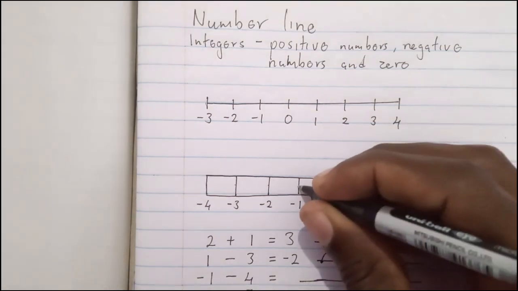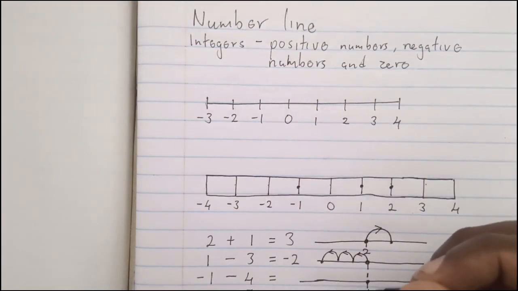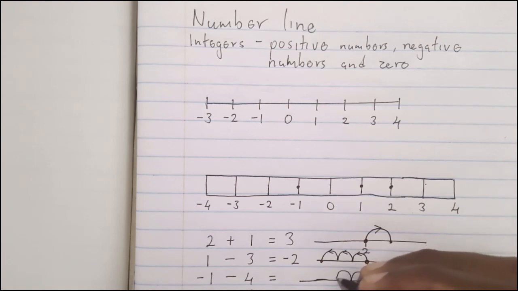Again, we go to -1, and then we want to take steps to the left. 1, 2, 3, 4.